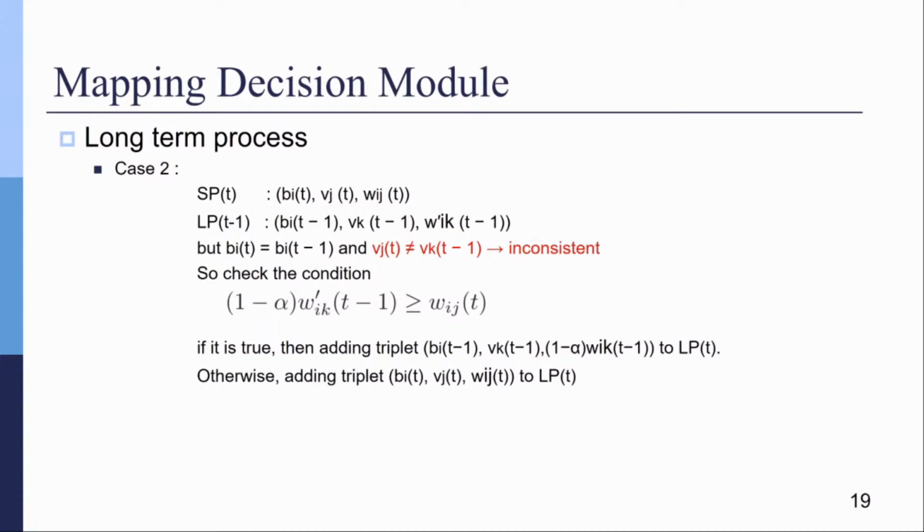When this occurs, if 1 minus alpha multiplied by W prime JK is greater than or equal to Wij, then we keep the long-term pairing result as the final result. Otherwise, we update the long-term pairing result by copying the short-term pairing result. That is, BI is paired with vehicle VJ instead of VK. Then we keep the pairing result and update only W prime IJ of T as follows.